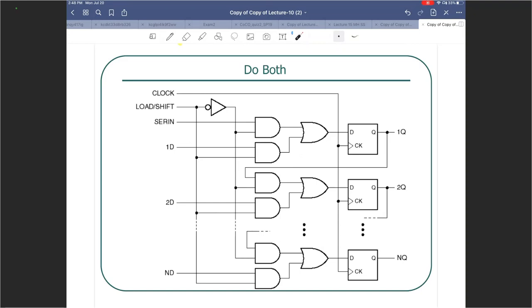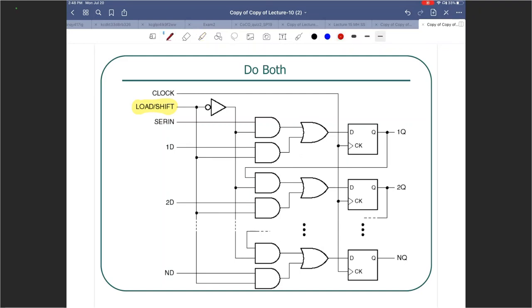I'm using a load/shift input, which is essentially the most crucial input here, right? So let's see what happens when I make this load or shift input 1.